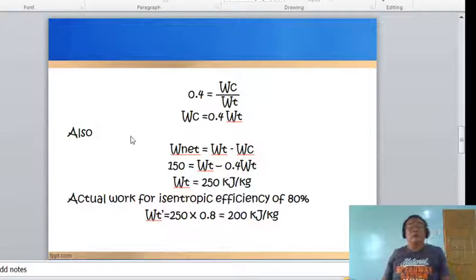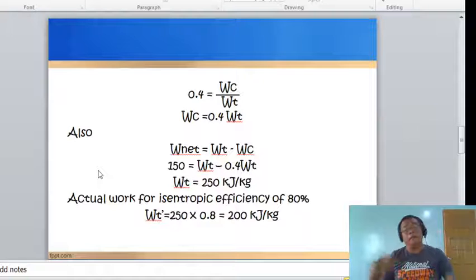Without, class, applying the isentropic efficiency of the compressor and the gas turbine. So applying it now, for the turbine work, of course, if there is an inefficiency in the system, the work will reduce. But in the compressor part, the work will increase.